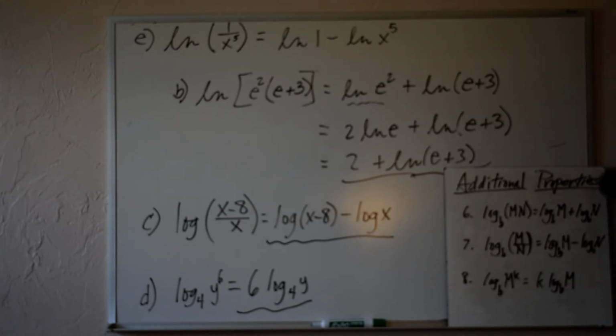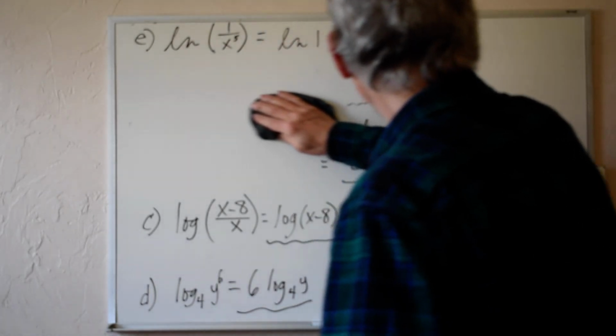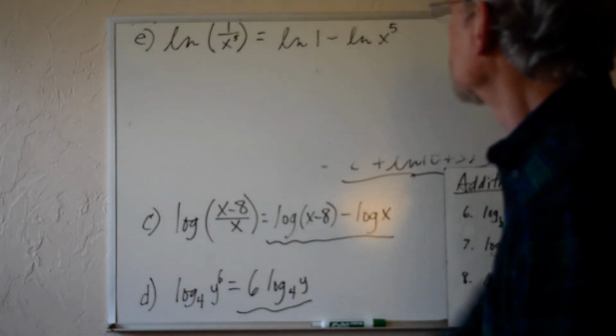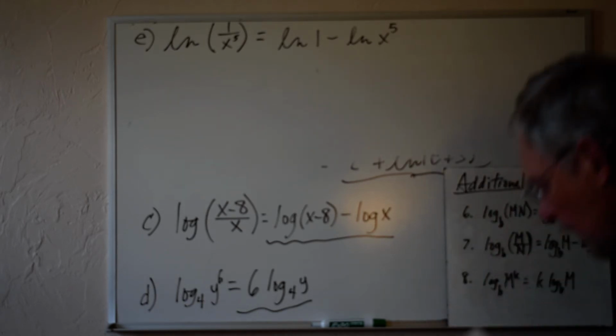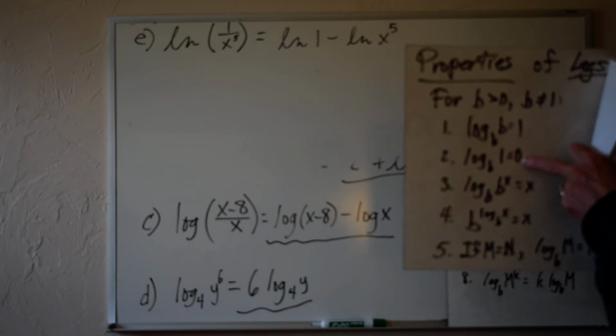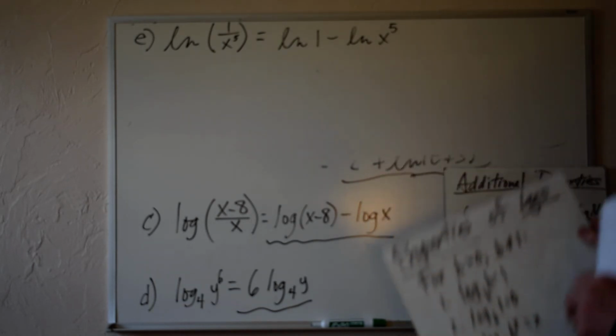This is applying rule number 7. Now the log of 1 is always 0. That's property number 2.